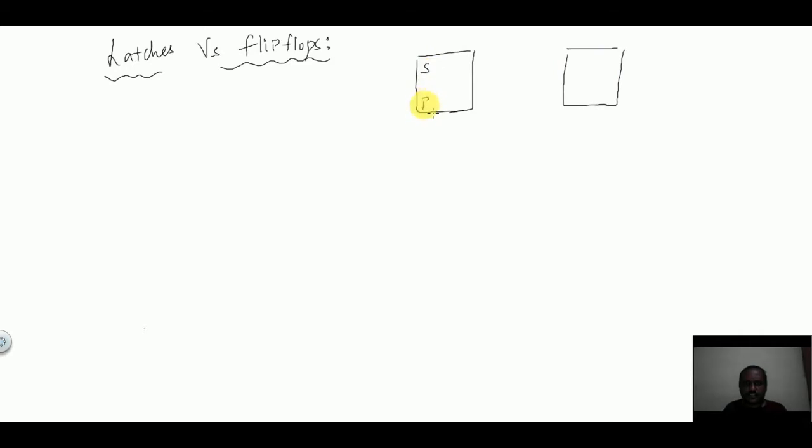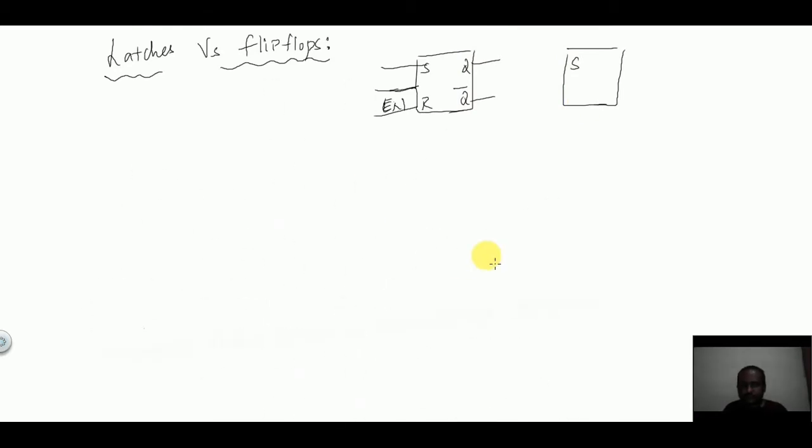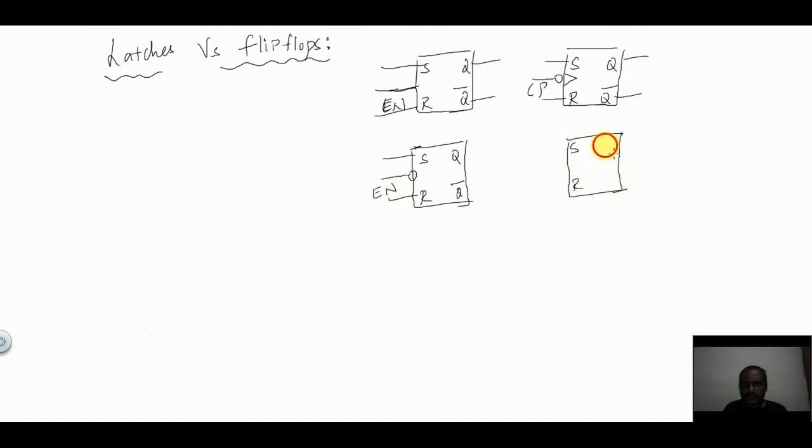S and R are inputs, there will be an enable input, and Q and Q bar are the outputs. Similarly for the flip-flop, S and R inputs, Q and Q bar outputs, but there will be a clock pulse here.